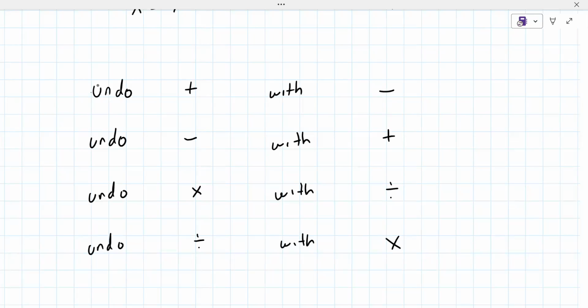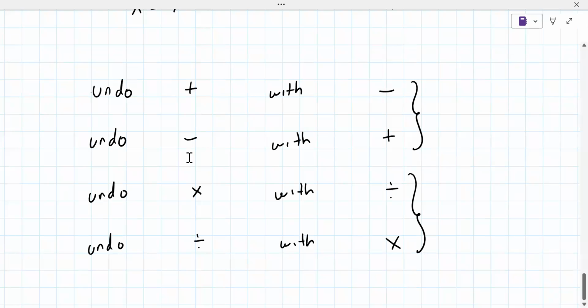So I want you to stare at this and tell me if you see the pattern. Do you see the operators that are related? Yeah. Addition and subtraction operators are related.